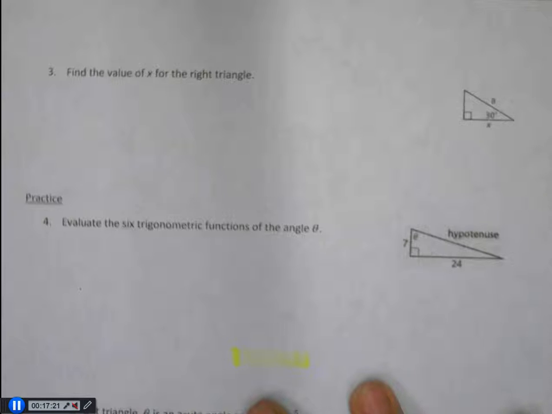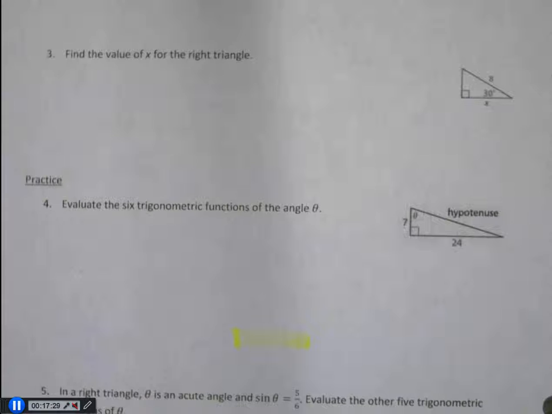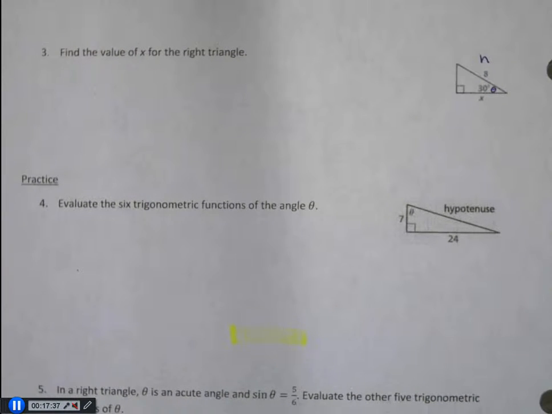Okay, so number 3 wants me to find the value of x for the right triangle. So what information do I have? I have my angle. What else? Hypotenuse. I'm just going to label it with an H. What else? Adjacent.